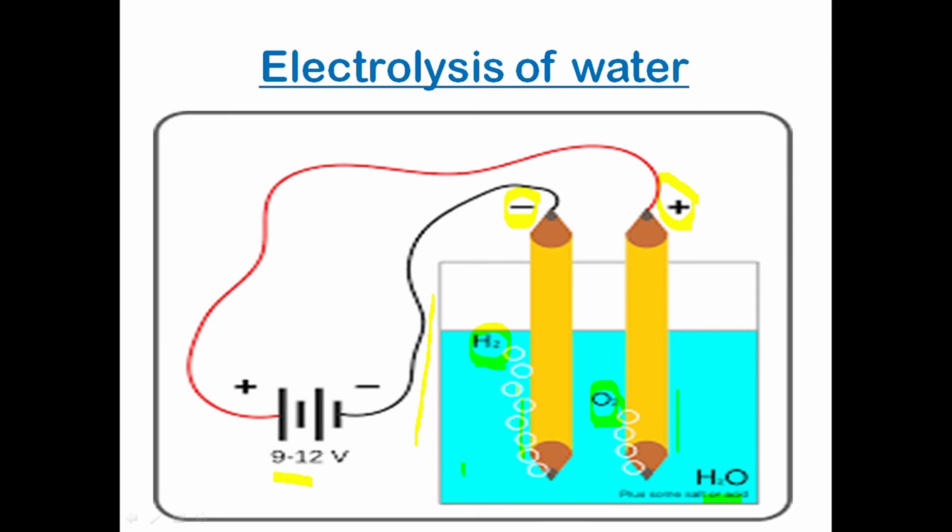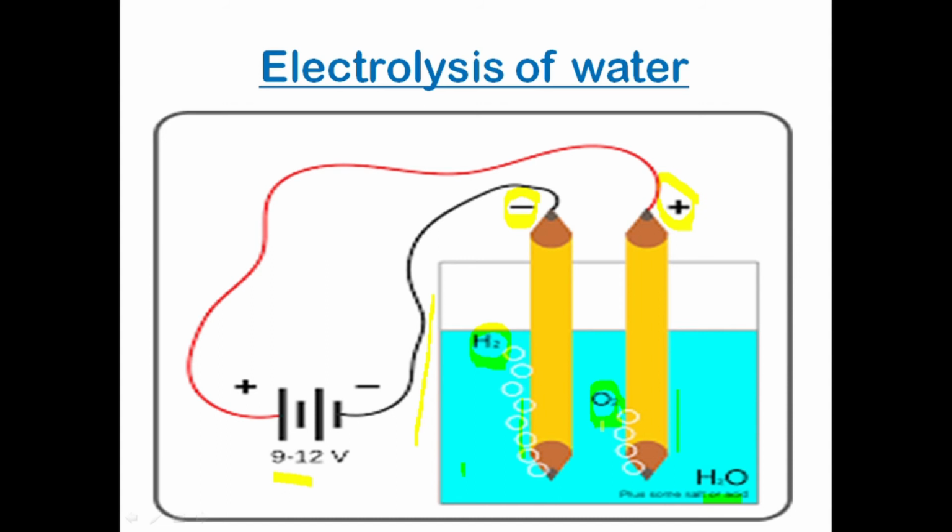Now to confirm the presence of these gases, there is one confirmatory test called the combustible gas test. In the combustible gas test, we bring a burning matchstick near both the electrodes where the gases are evolving. When the burning matchstick is brought near the hydrogen gas, it immediately vanishes, and when it is brought near the oxygen gas, it keeps on burning.